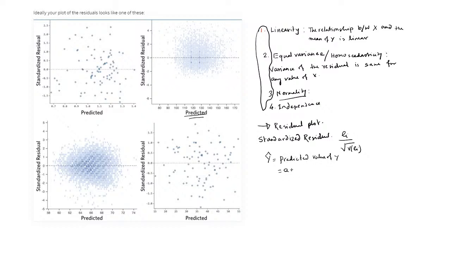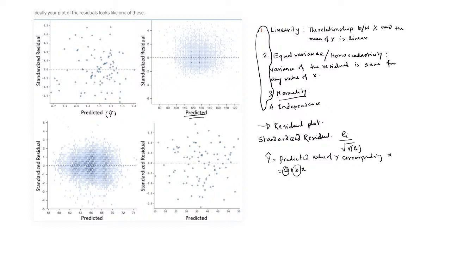This is equal to a plus b x, the predicted value of y corresponding to x. a is the estimate of the intercept term, and b is the estimate of the slope. So we plot predicted versus standardized residual, and we see if the following things are happening.